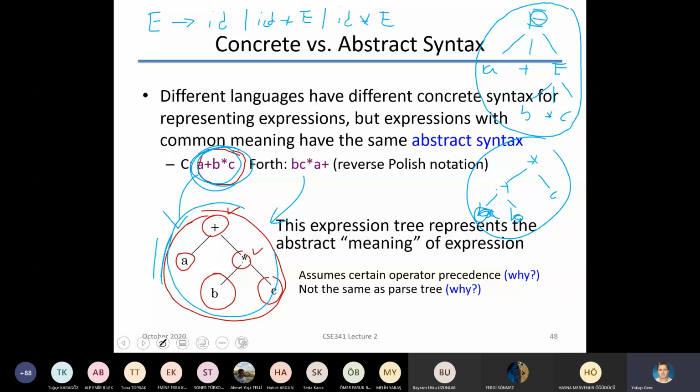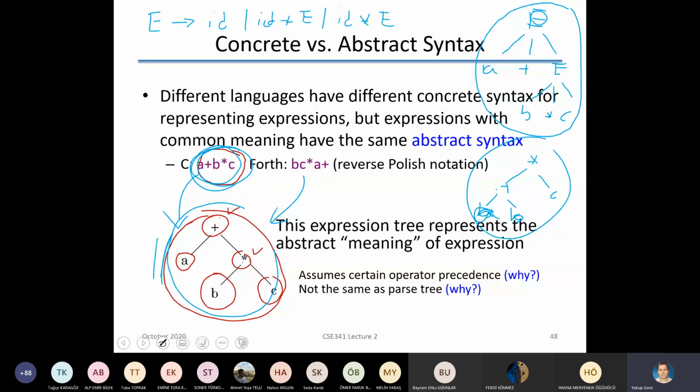A parse tree is an output of a grammar for a given input, and if it is a grammar for an expression, then we can use that tree. Hopefully, we'll see later, with some added rules, we can parse this tree and get that abstract syntax, get that meaning.